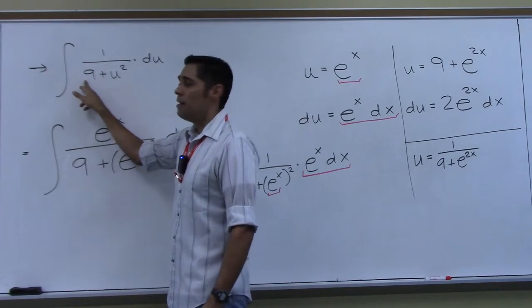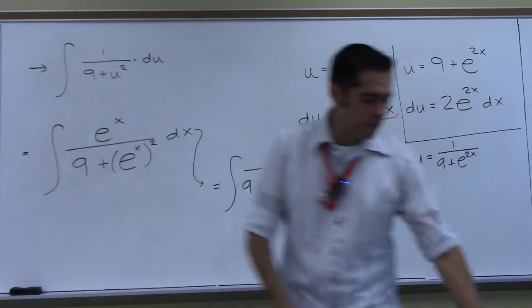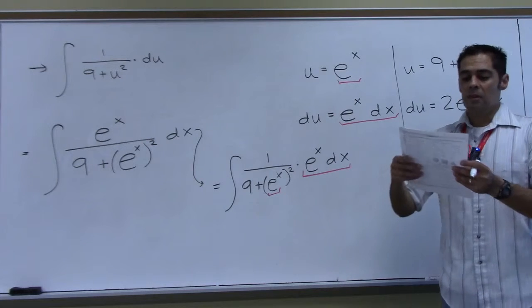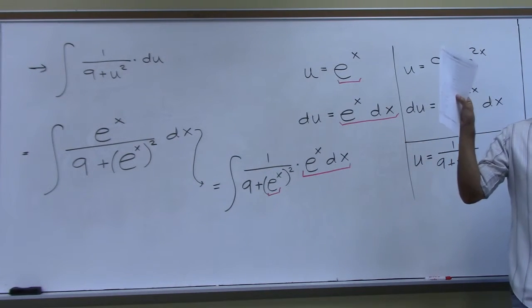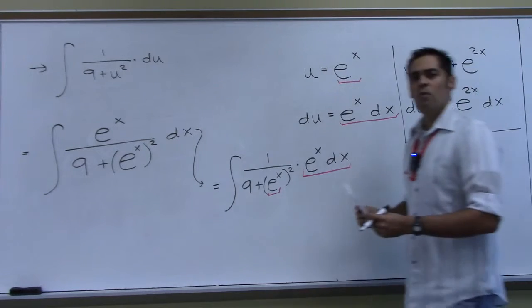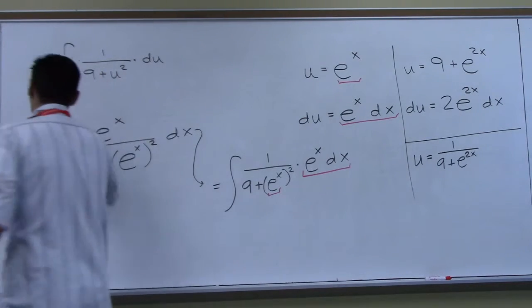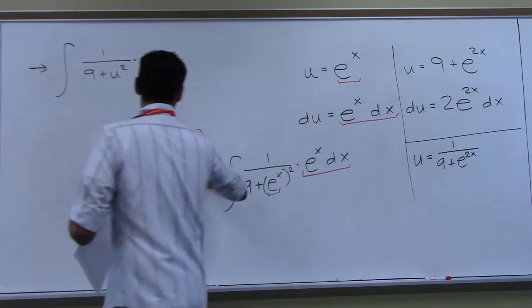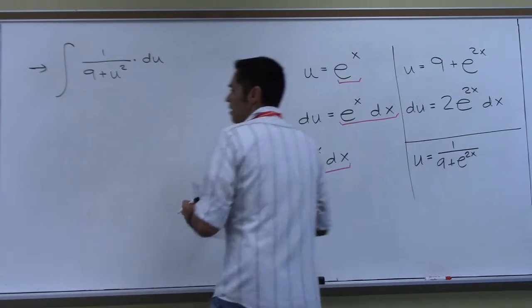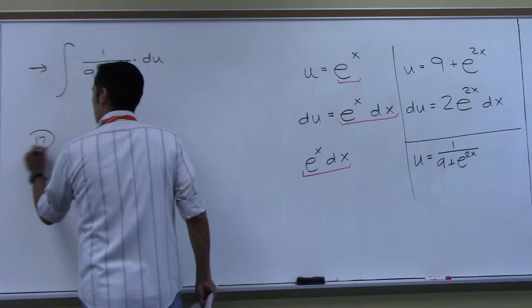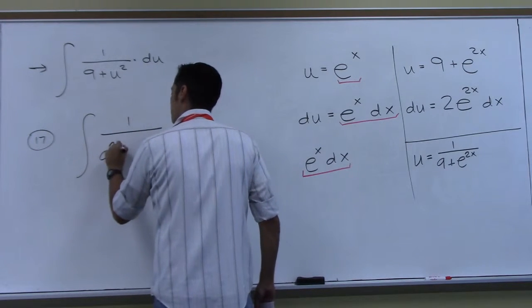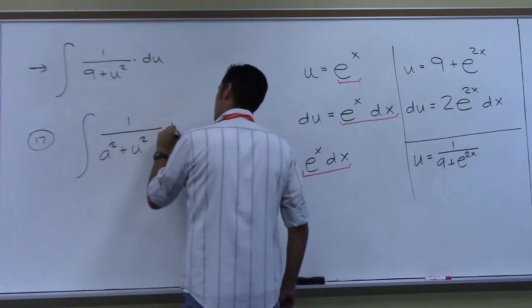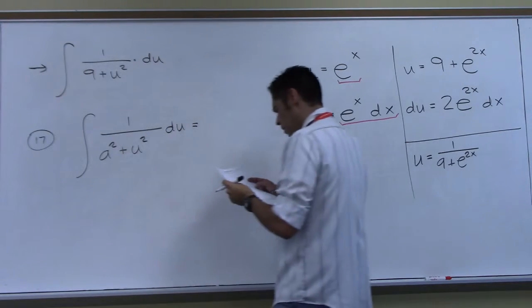Yes? Not a 9? So please refer to your formula sheet now, because if you look at formula number 17, it's a more generalized formula for arctan. Formula number 17 says that if you have an integral 1 over a squared plus u squared du, do they put u squared in front of a squared?